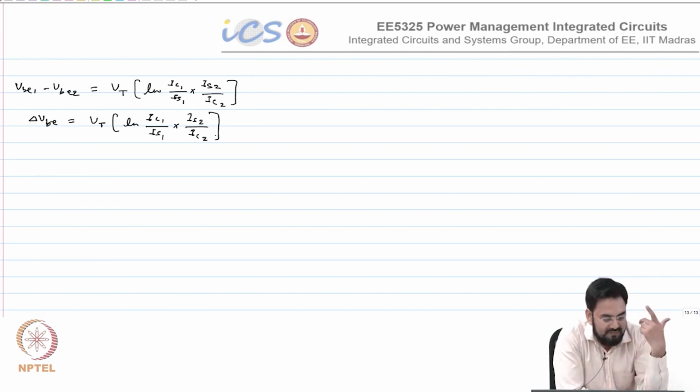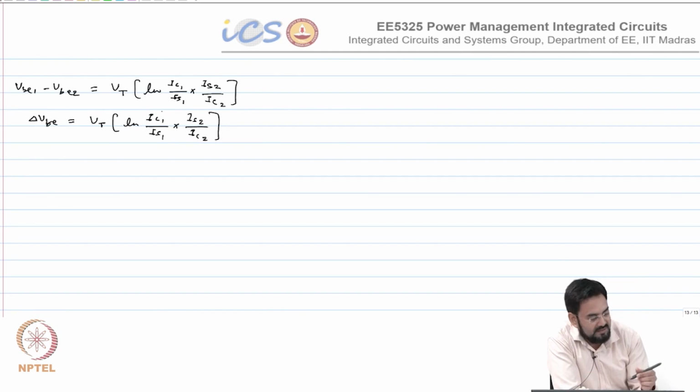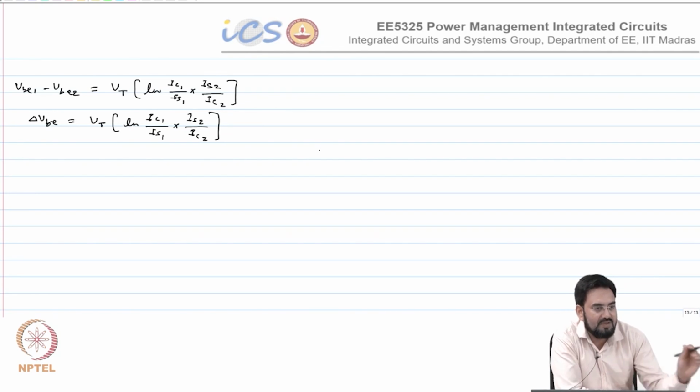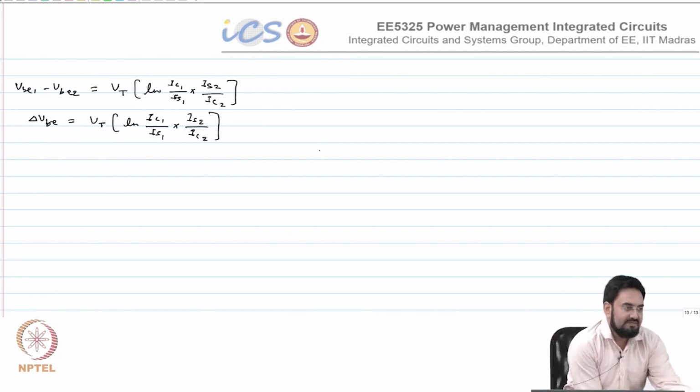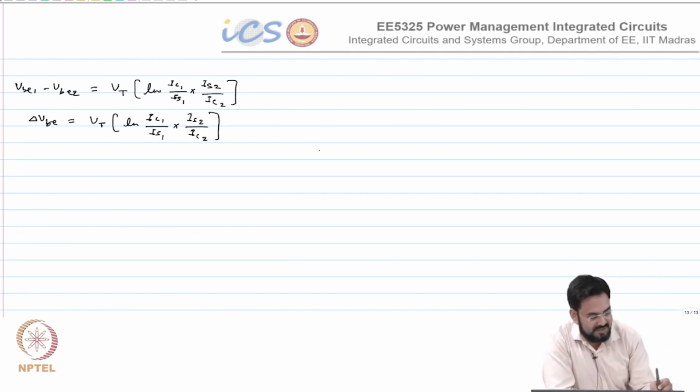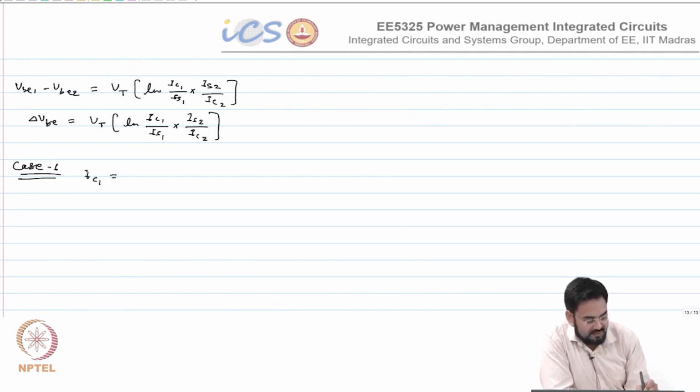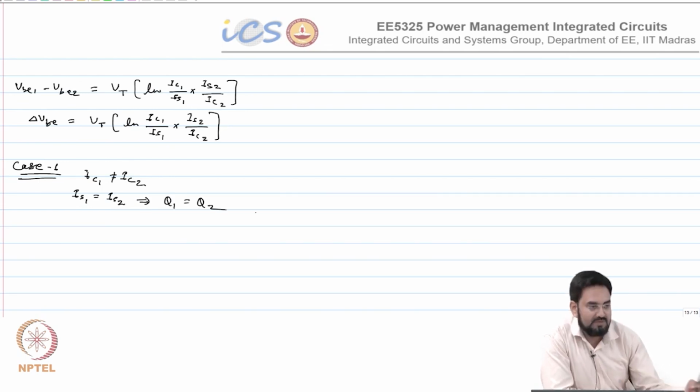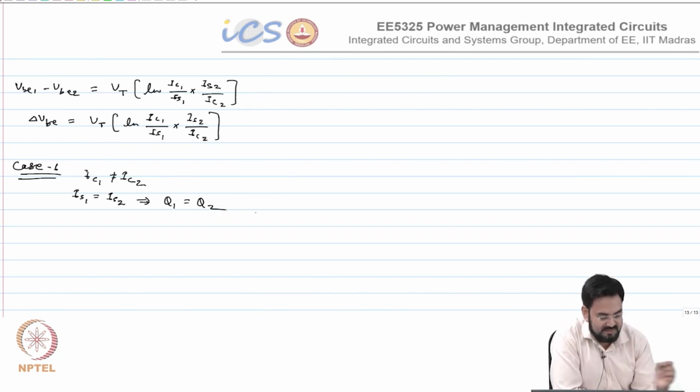So, in this you always need some constant here to make sure this ln term should not become 0, otherwise your delta VB will become 0. So, case 1, IC1 is not equal to IC2 and IS1 equal to IS2, which means Q1 equal to Q2 in terms of size.